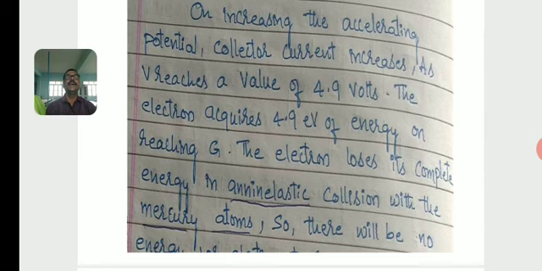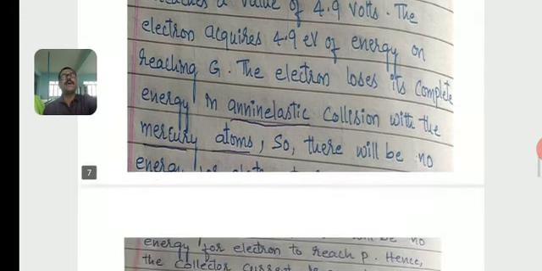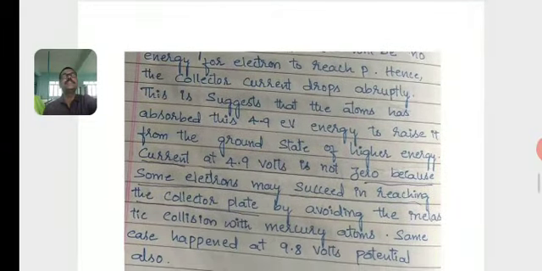So as the potential applied to the grid increases to a particular voltage, say 4.9 volts, the kinetic energy acquired by the electron must be equal to 4.9 electron volt. Hence the collector current drops abruptly.